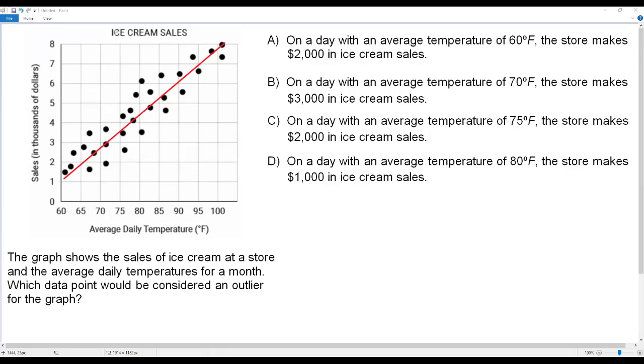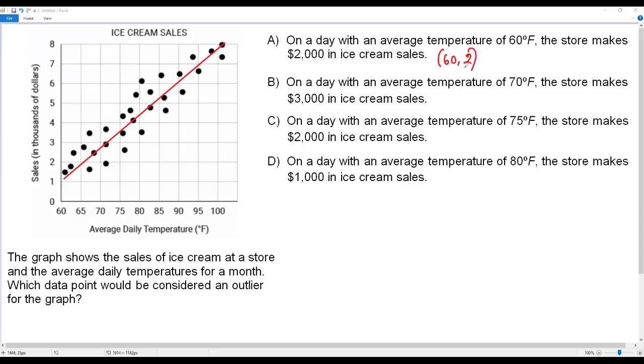Okay, now let's go through the options over here. On a day with an average temperature of 60°F, the store makes $2,000 in ice cream. So we have outliers in the 4 options over here, and now we have to verify the options one by one. From the first option, I get a point, 60°F and $2,000. We can write this $2,000 as just 2.